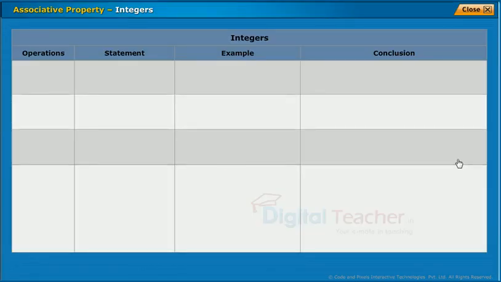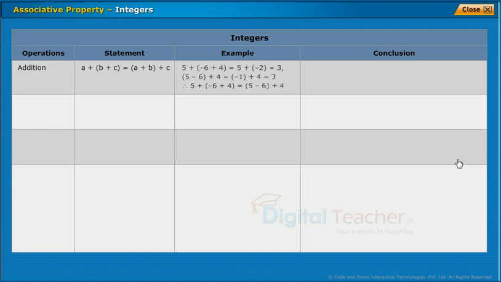Let us see the associative property of operations on integers. Under addition, it states that the sum of three integers is the same if the order in which they are added is changed. For example, 5 plus (-6 plus 4) is the same even if there is a change in order.